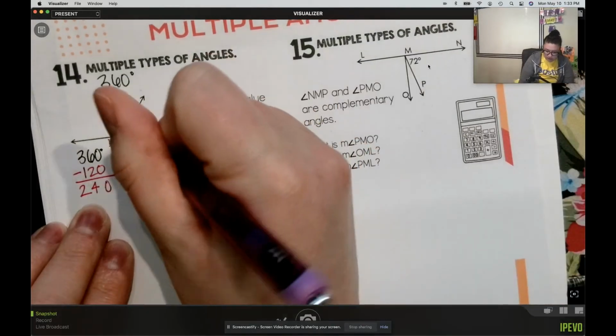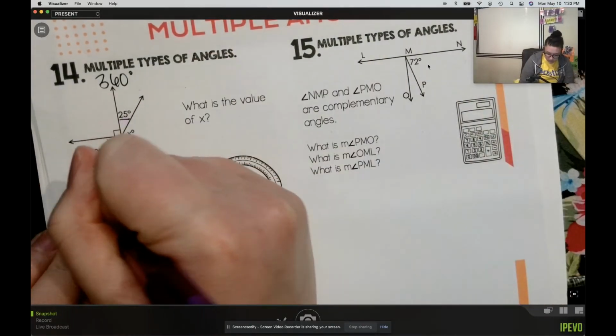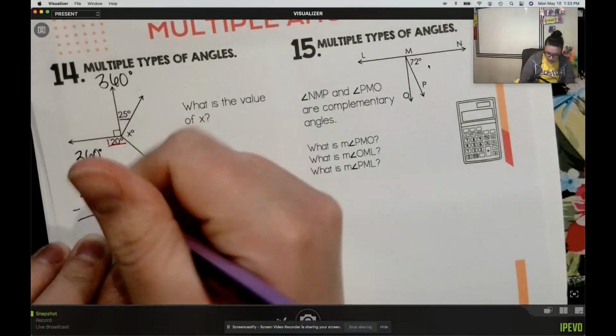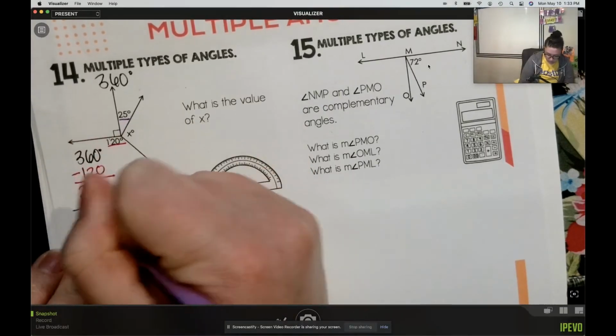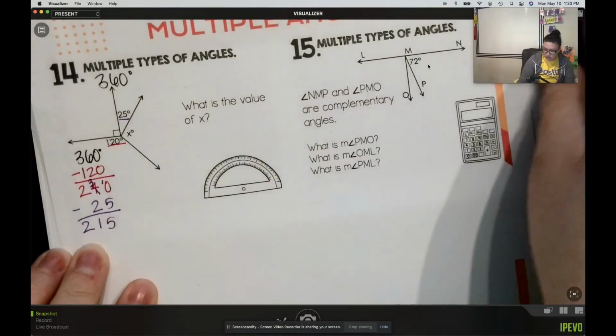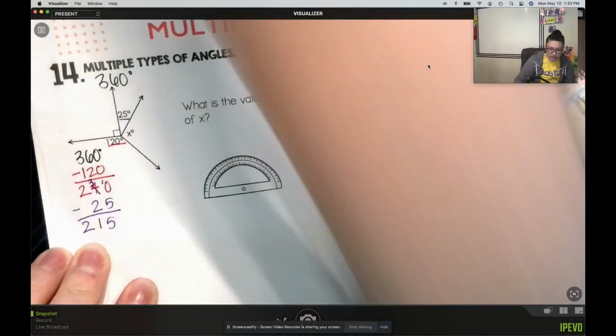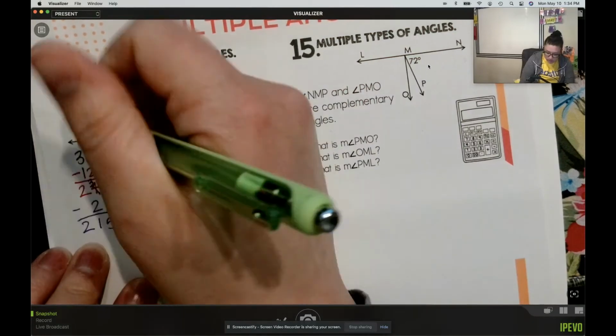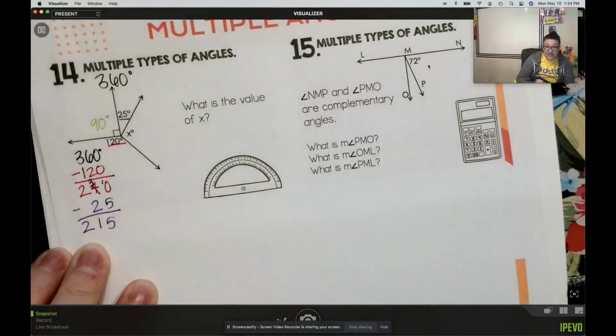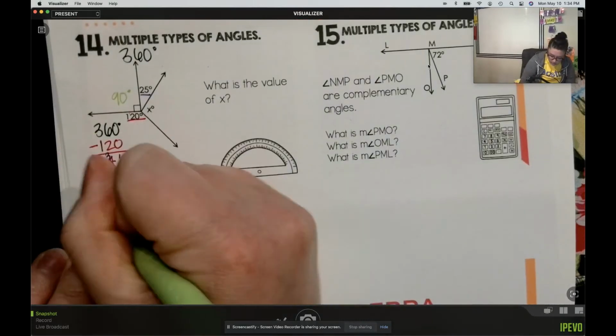Now I'm going to subtract this 25 degrees. Now I'm going to subtract, what is it when it has this box on it? That's 90 degrees.